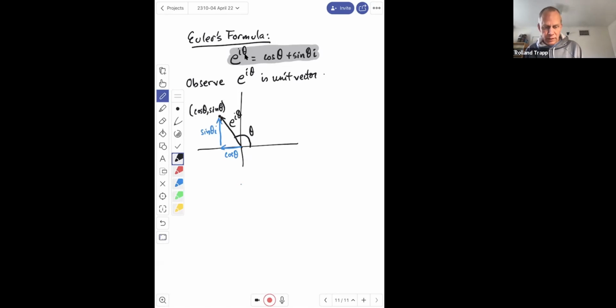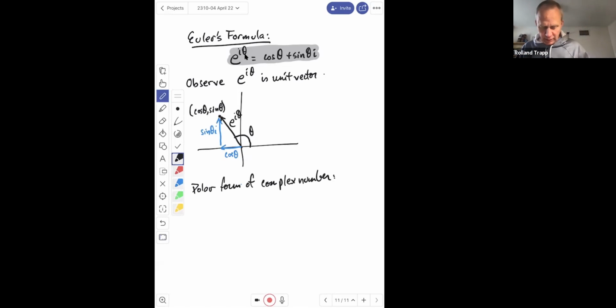And you can talk about the polar form of a complex number this way. We have the Cartesian form; the polar form just involves the polar coordinates.